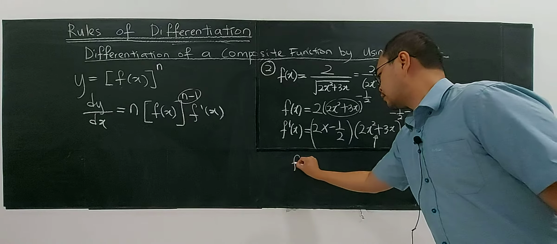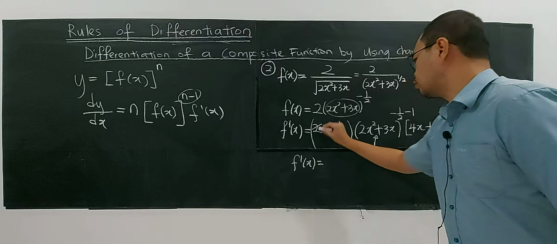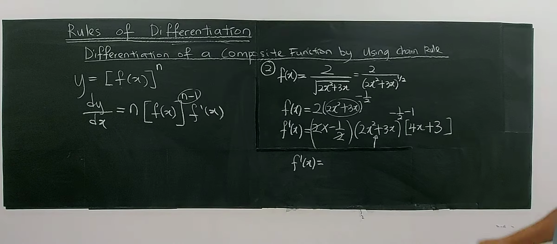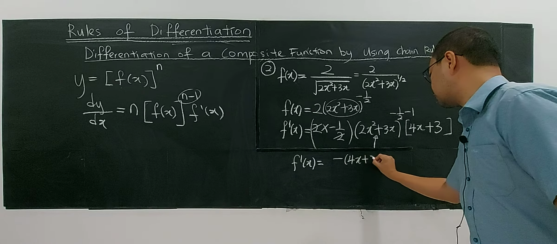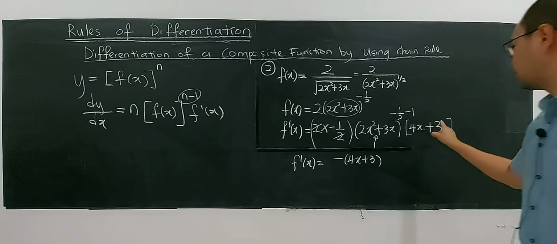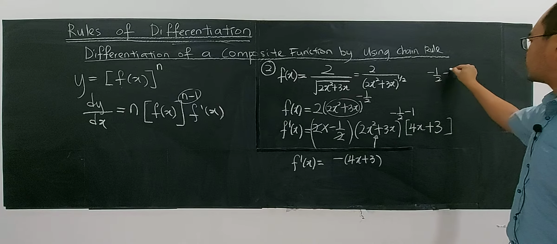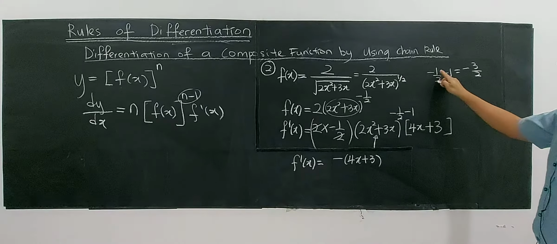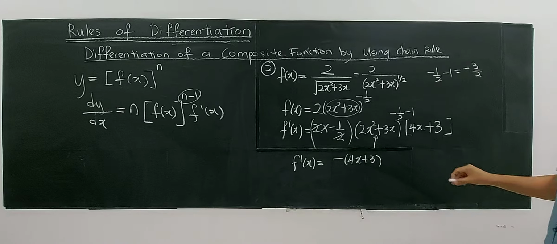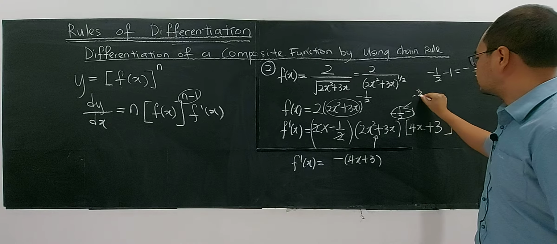So now I rewrite in a very neat way. 2 times negative 102, you have negative 204, times (4x + 3). Then negative 102 minus 1, you will have negative 103.